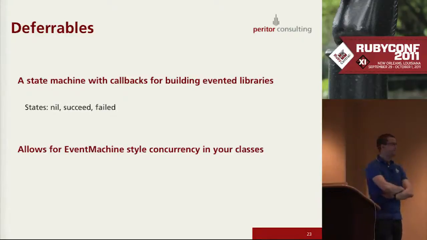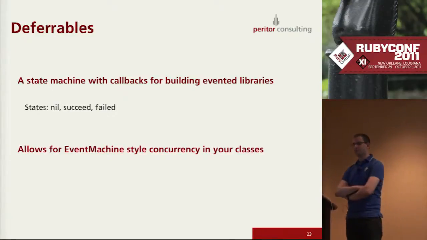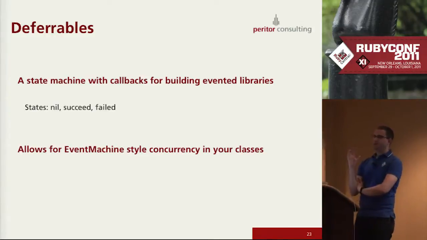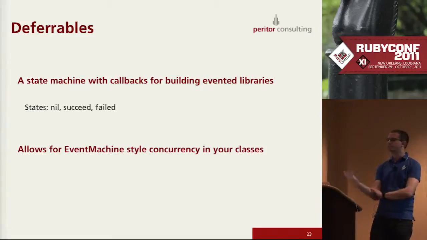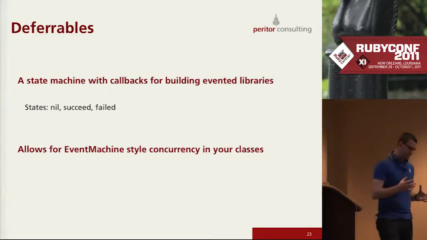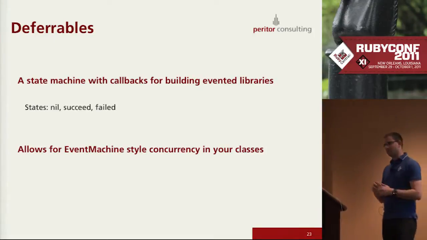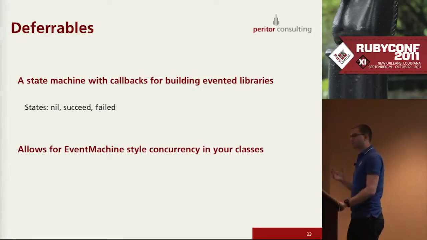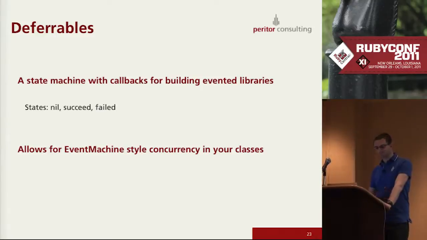Deferrable, at first, looks a little bit complicated, and it's hard to make out why you need it, but it allows you to write your libraries in a way that they feel like an event machine library, which makes them very, very easy to use. What they are basically is a mixture between a state machine and a simple concurrency mechanism that allows your own code to register callbacks and execute them when it's ready.